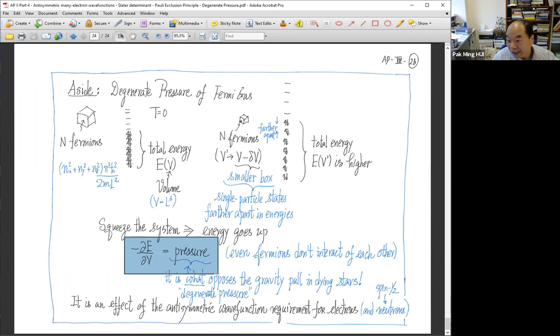In U there is a term called minus PdV, right? In your first law, second law, right? So dU is TdS minus PdV, okay? Have you seen this, I think?